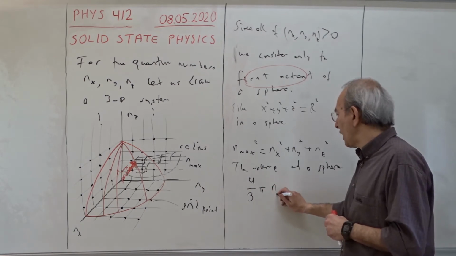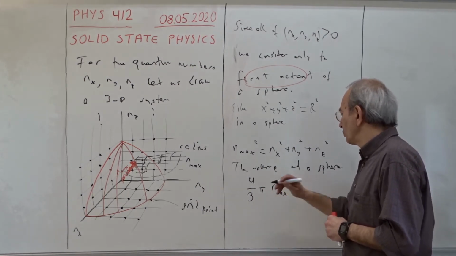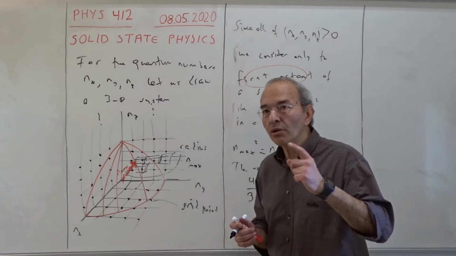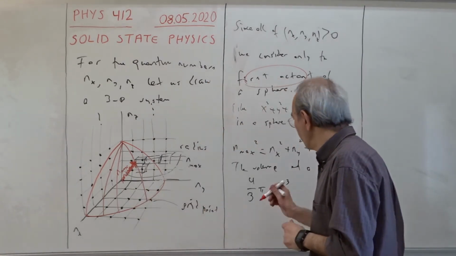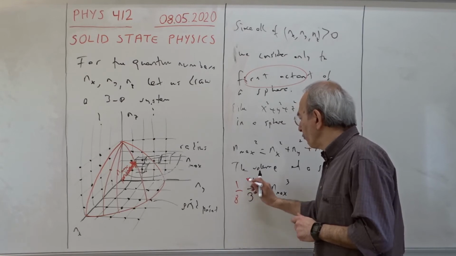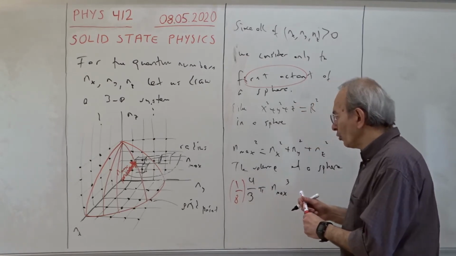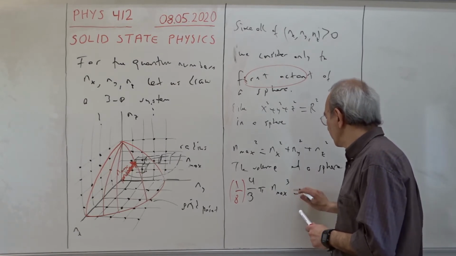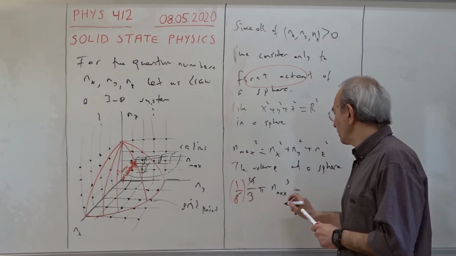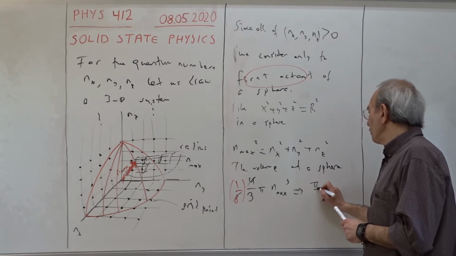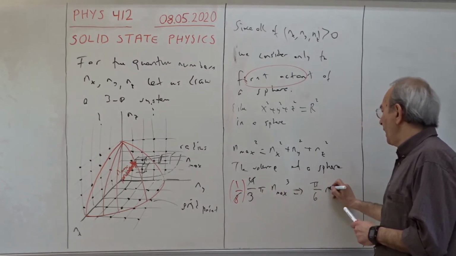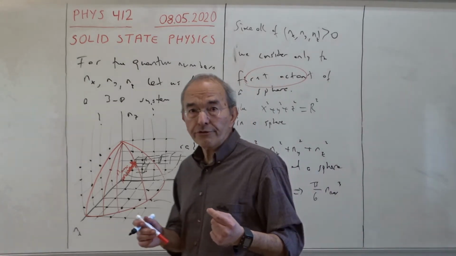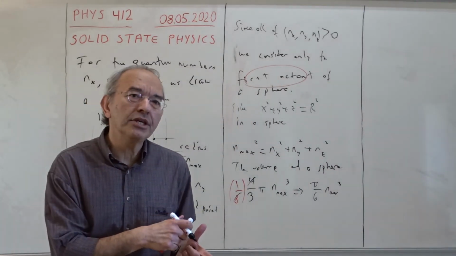What is that radius? n max cubed. But as I said before, we should consider only 1/8 of this volume. So we multiply by 1/8. So totally, there's a cancellation, giving 1/6. So we get pi over 6 n max cubed. What is the number of electrons we can accommodate here?